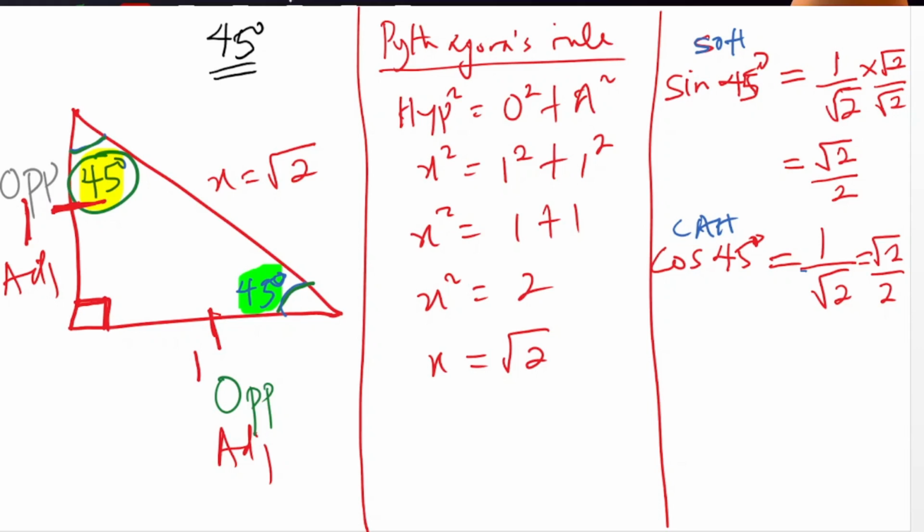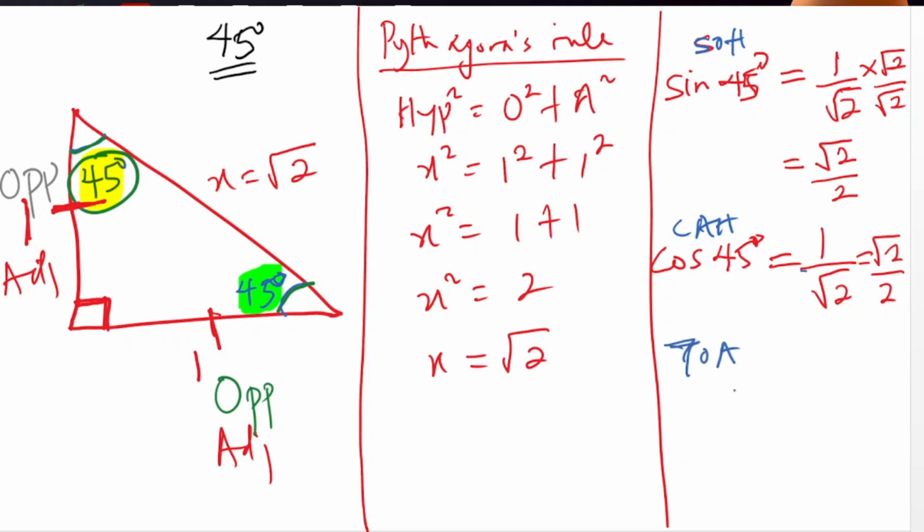Then if you go through your four-figure table, you get the same thing. So go to sine 45 degrees as well, and you get the same value, 0.7071. So that is that. We proved that. I hope that is very clear to you. Then the next is the last part, which is tan.